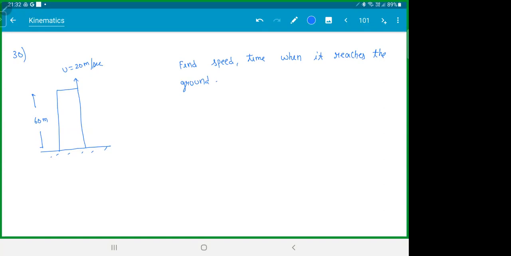These are standard questions. Finish it off. A particle is projected at 20 meters per second from a building of height 60 meters. Find the speed and time when it reaches the ground.